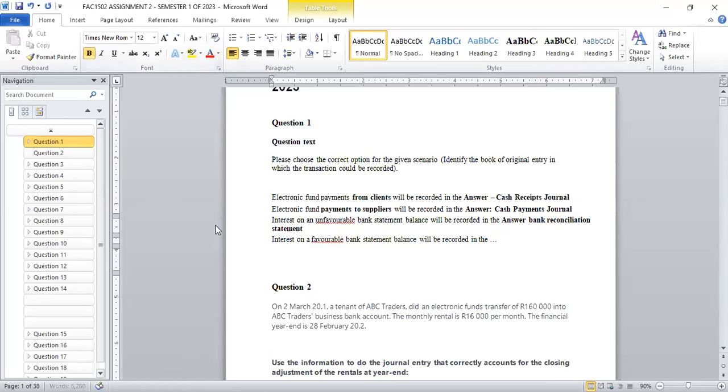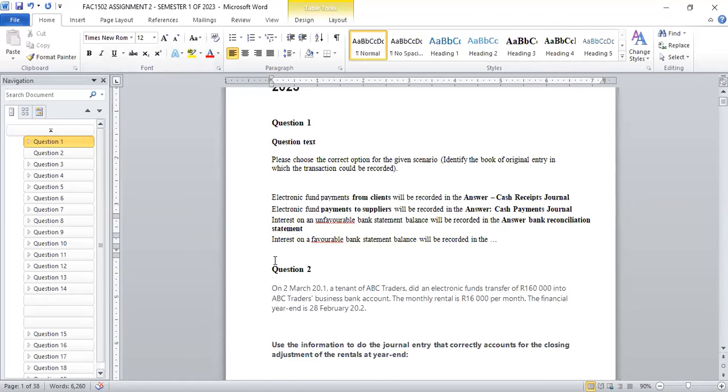When we're doing bank reconciliations, I think that's what we'll be dealing with on Monday. Then the interest on favorable bank balance will be recorded in... When we've got interest on a favorable bank balance, that means the bank will be paying us, so we record it in the cash receipts journal because we'll be receiving money from the bank.